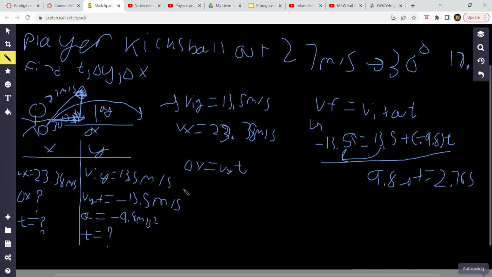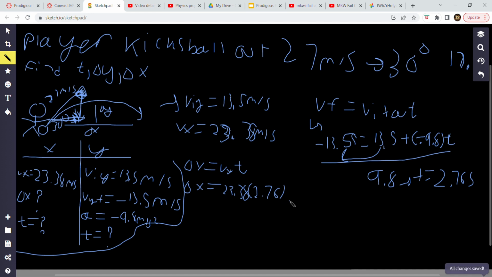When we plug that in, delta x is equal to 23.38 times 2.76.